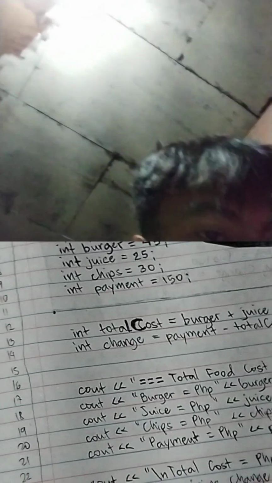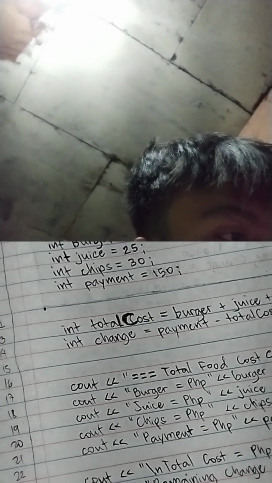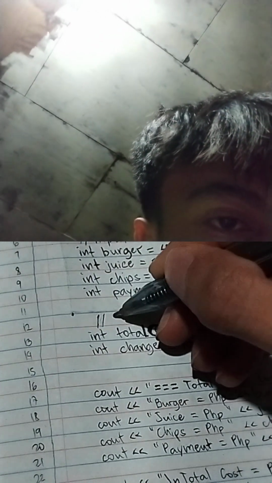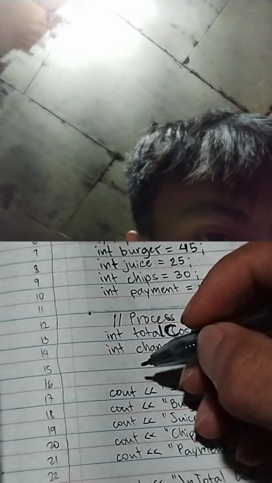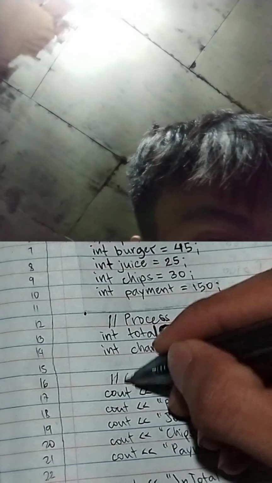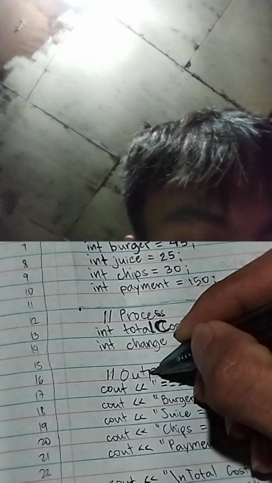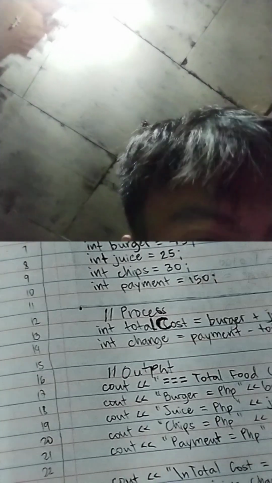So this is the process section, and this is the output. Let's move on to the output.